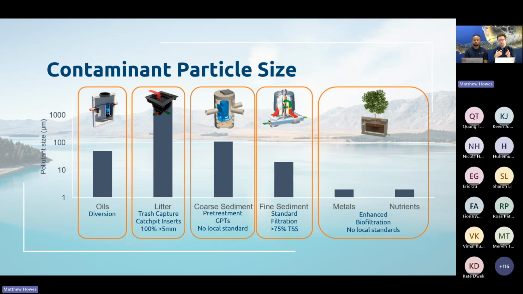So 3 different treatment devices, 3 different treatment mechanisms. And if you've got any questions about those devices, we'd be more than happy to answer them afterwards, or do go and search out our webinars on those topics later on.